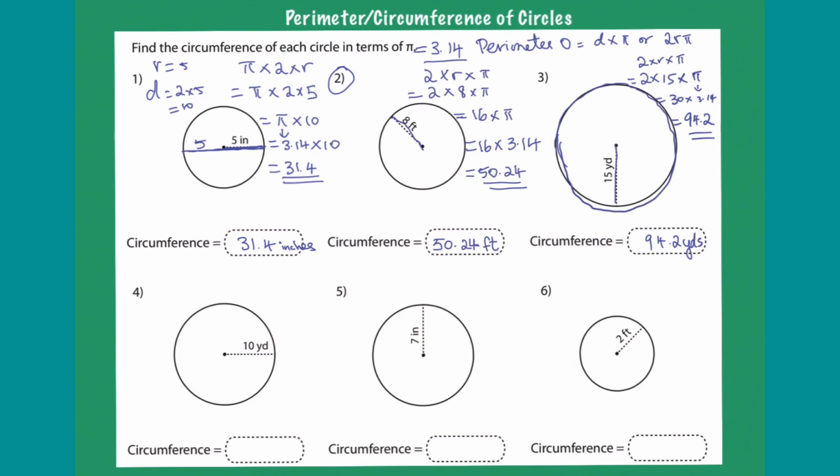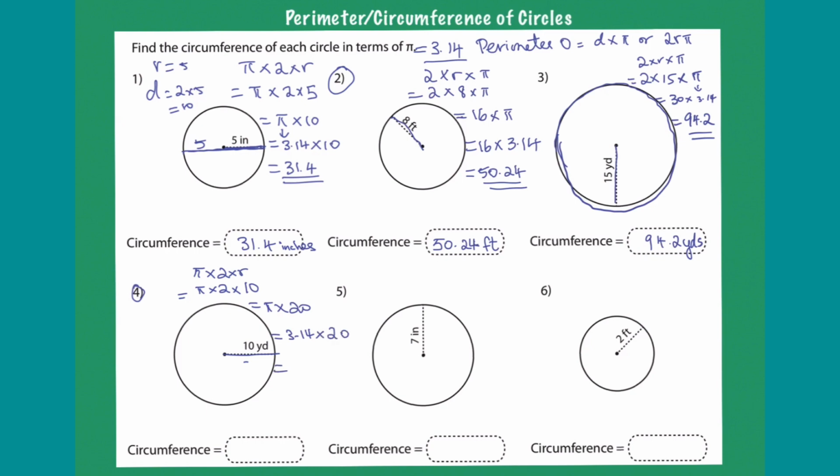All right, let's try again. For number 4, pi times 2 times r. So pi times 2 times, over here the radius is 10, so times 10. That gives me pi times 20, which gives me 3.14 times 20.